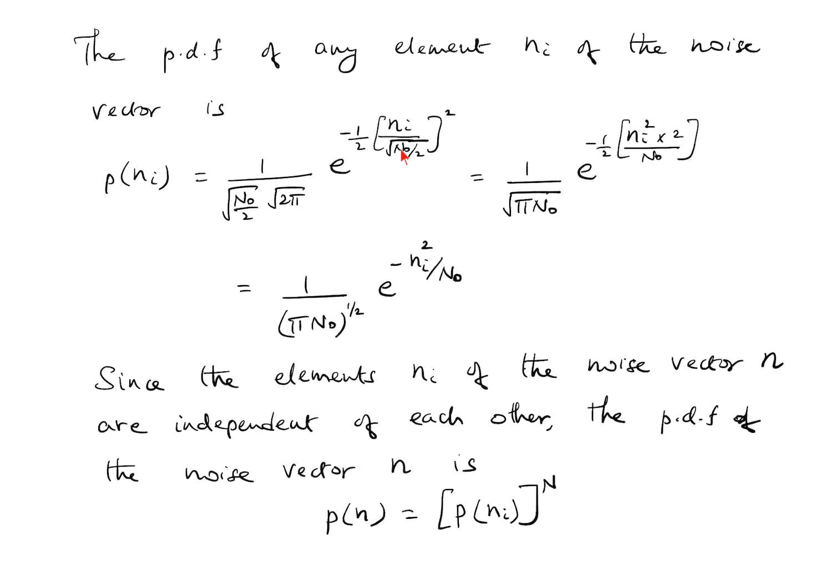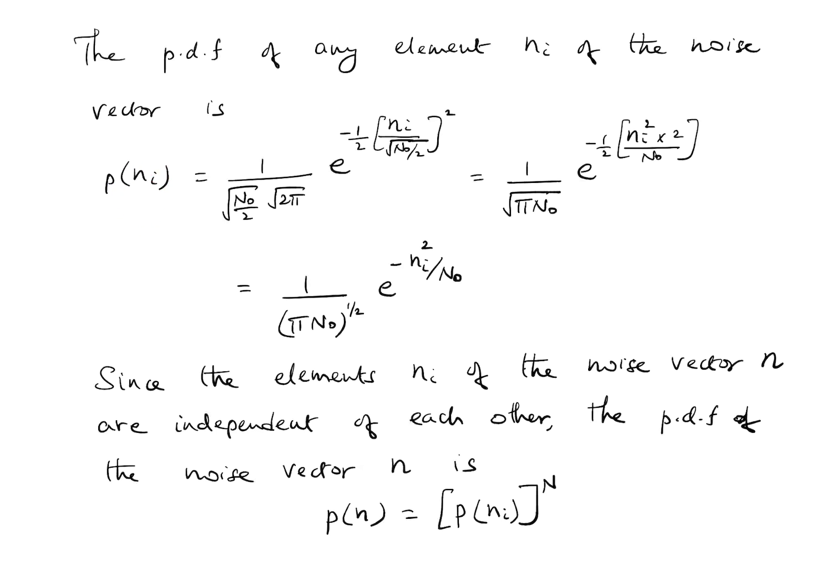So n0 by 2 in the denominator, you can write it as 2 by n0, so the 2 and 2 cancel out, and here also the root 2 and root 2 cancel out, so you have 1 by pi n0 under the root, which we have put as power half, e power minus ni square by n0. The 2 and 2 are cancelled, right? So this is what we have as the PDF of each of the elements of the noise vector.